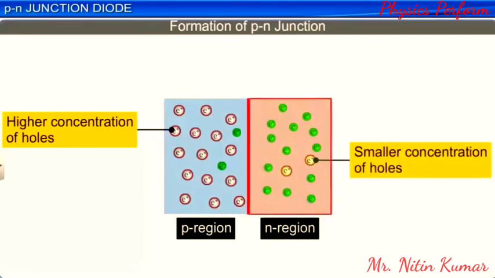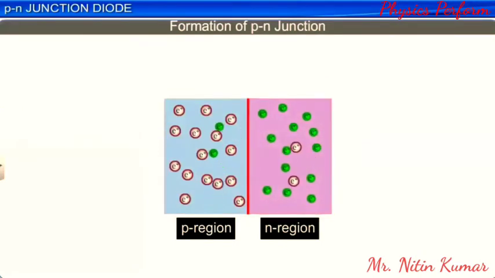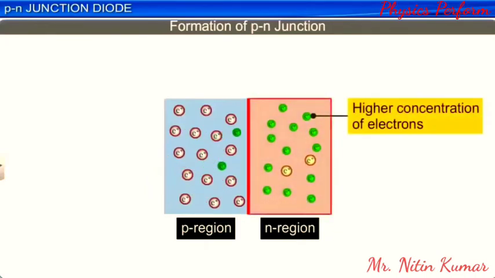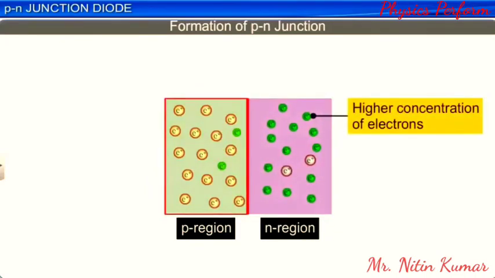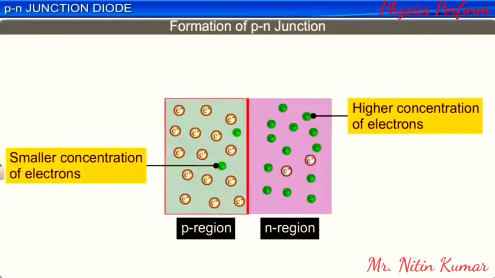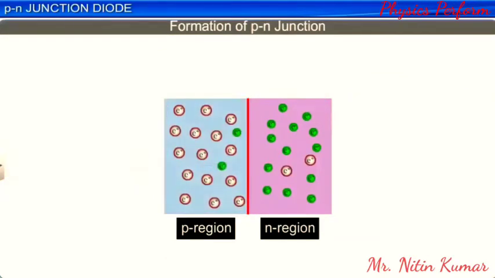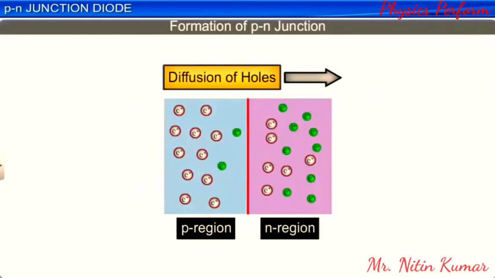Similarly, in the n region, there is a higher concentration of electrons, and in the p region, there is a smaller concentration of electrons. This causes the holes to diffuse from the p region to the n region across the p-n junction. Physically, this means that some of the valence electrons just to the right of the junction may fill the vacancies just to the left of the junction.